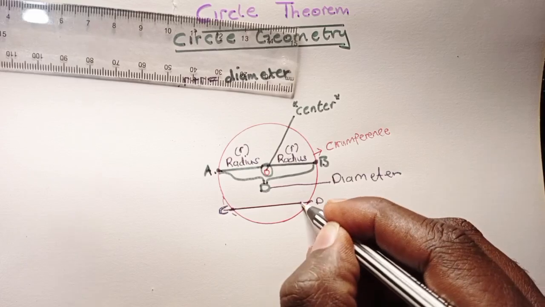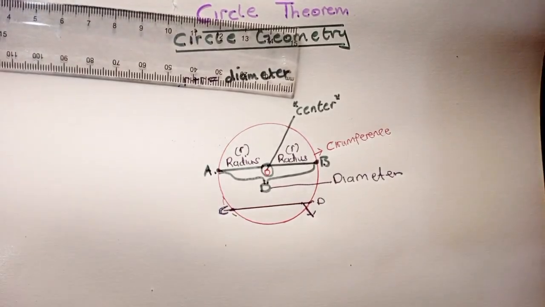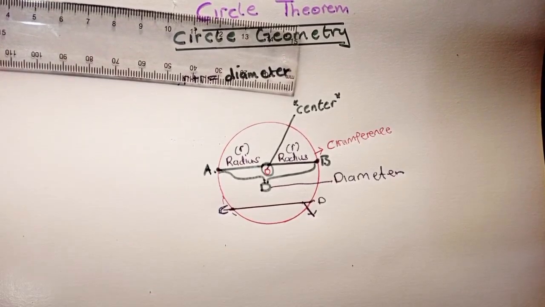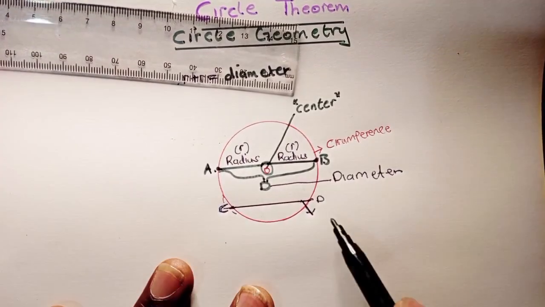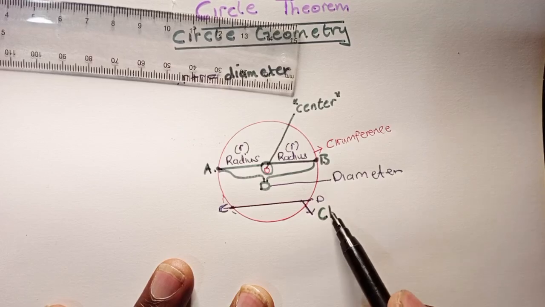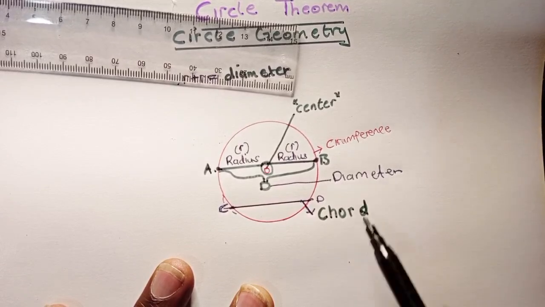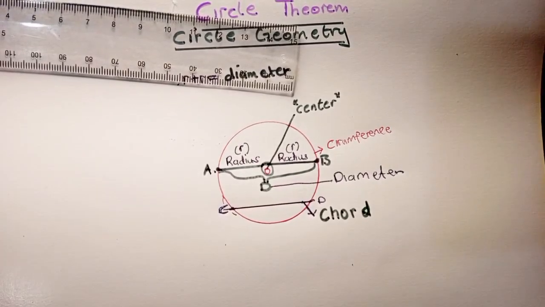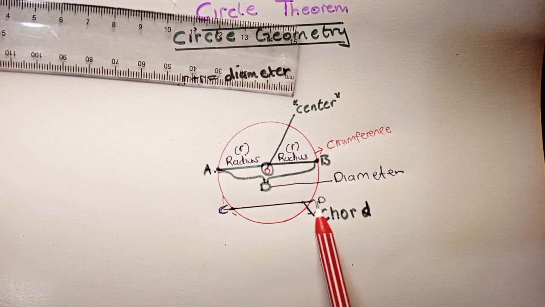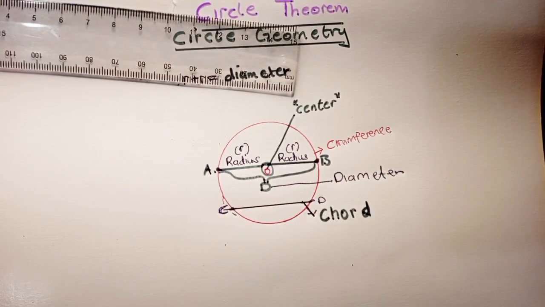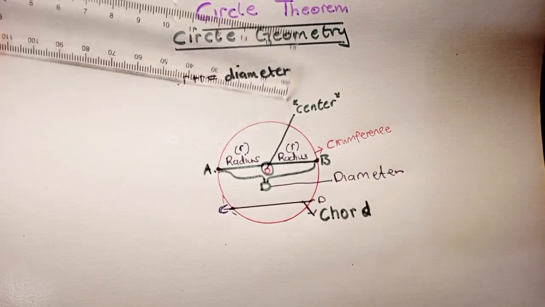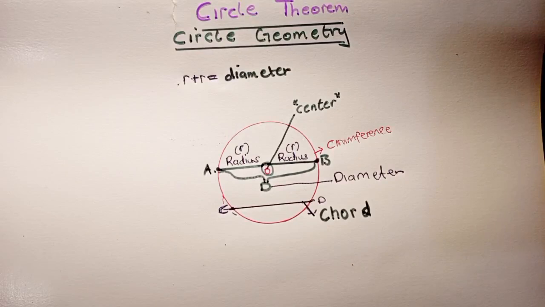Instead, we call it a chord. It's a line that goes from circumference to circumference, yet not passing through the center. So these are the terminologies that you need to be aware of.